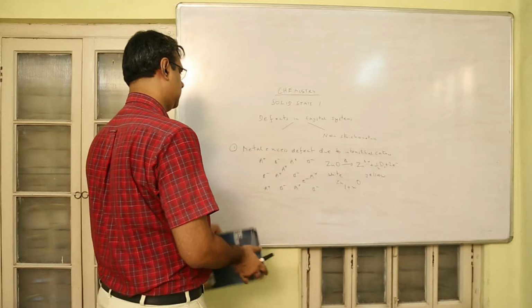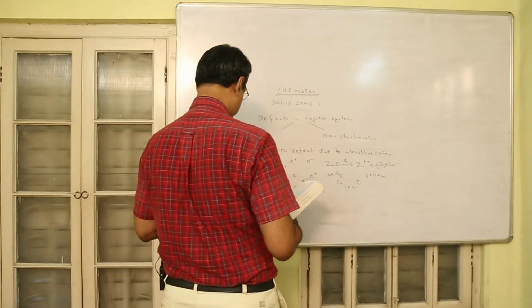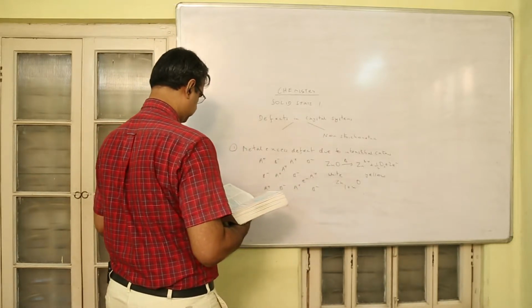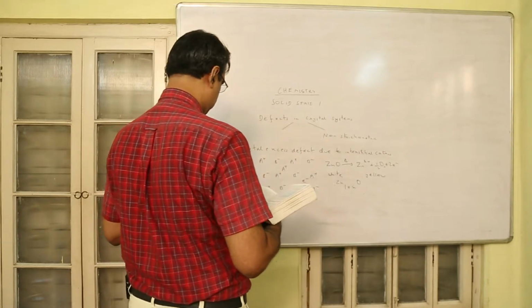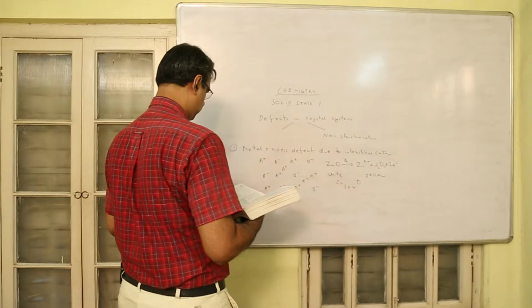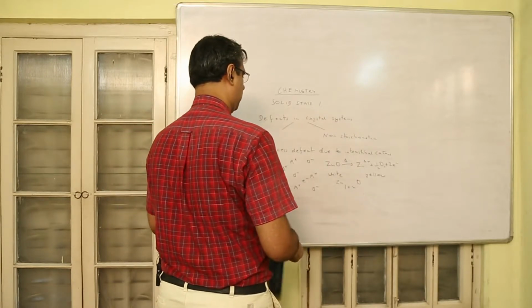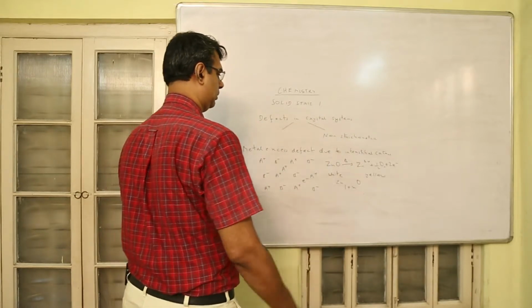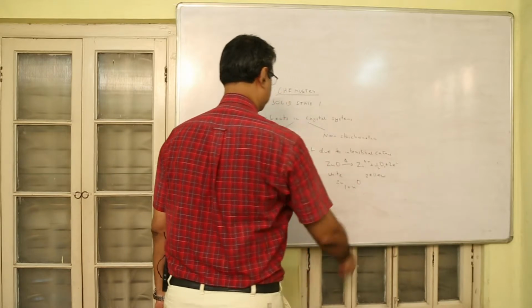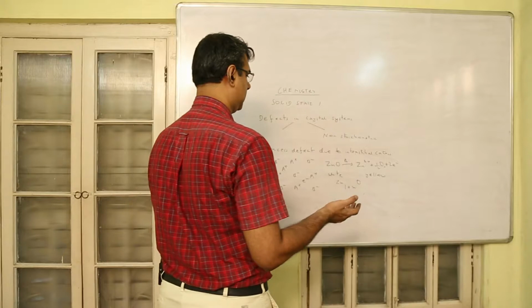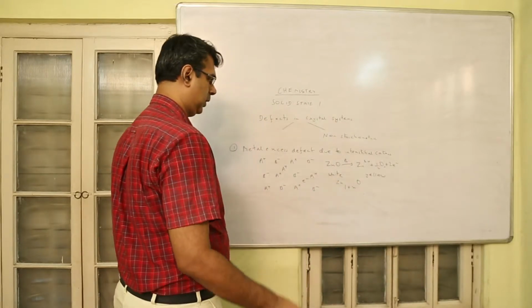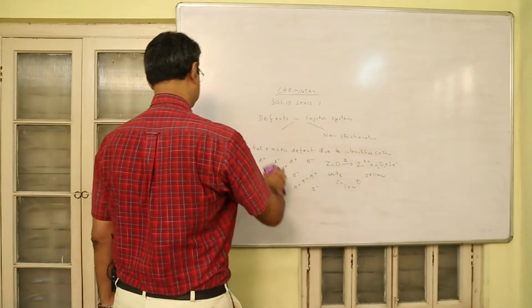Because these electrons are capable of taking energy from visible light, absorbing certain wavelengths from visible light, and the transmitted color appears to be yellow. That's why we say that zinc oxide is yellow when hot and white when cold.